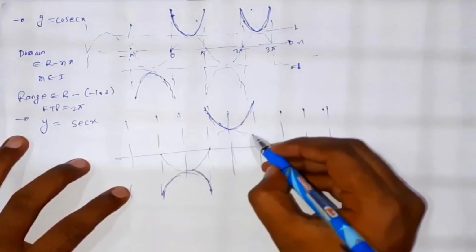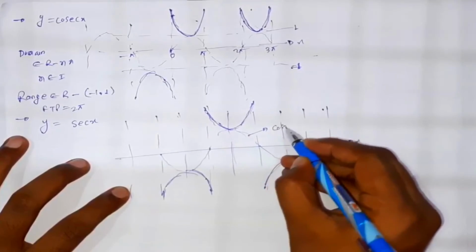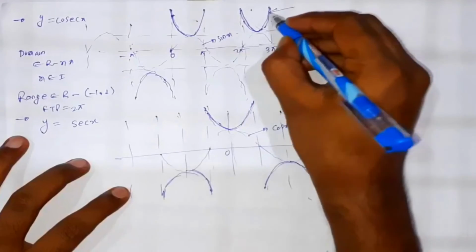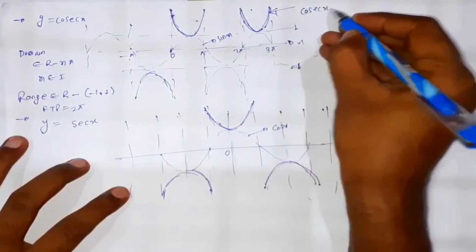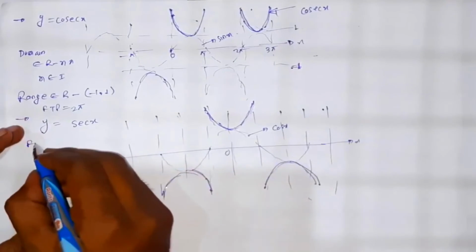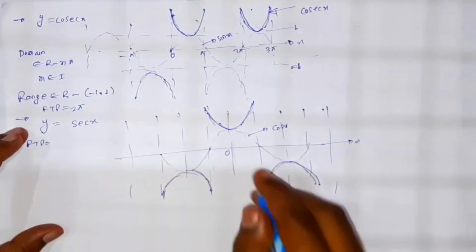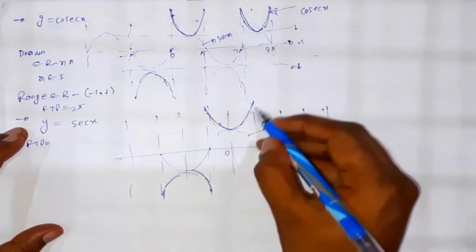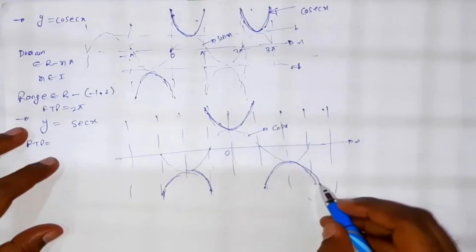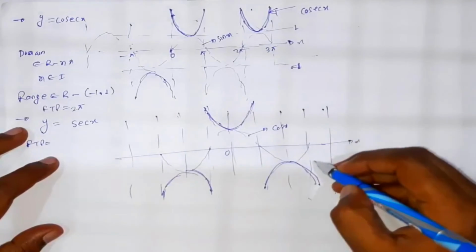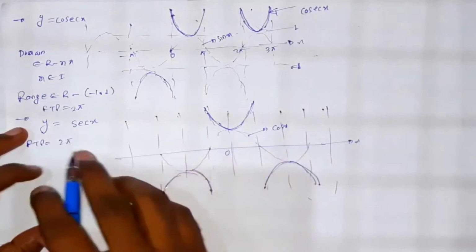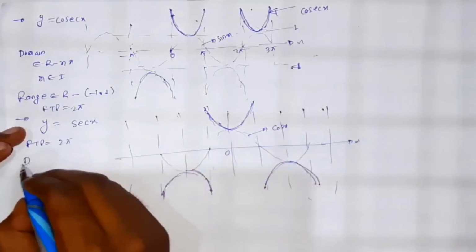This is the origin, this is sin x, this is cosec of x. I hope it is clear to all of you. As far as the fundamental time period is concerned, it will be this portion and this portion, and it will repeat itself. Again we can say this will be 2 pi.